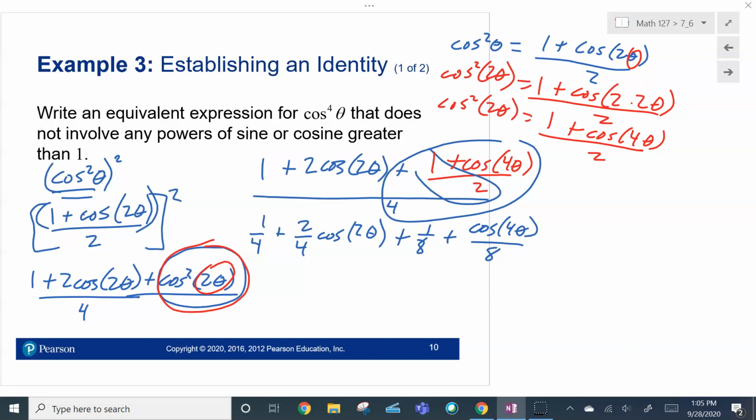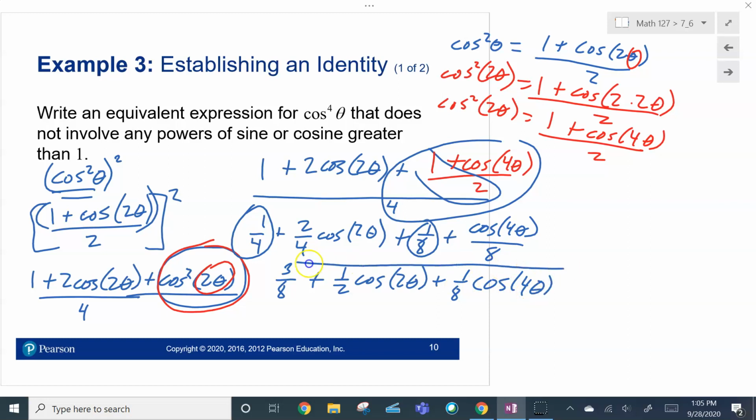So we've got 1/4 plus 1/8, so I got 3/8, I got 1/2 cosine 2 theta, and then I got an 1/8 cosine 4 theta. And notice I went from a fourth power to a degree of 1: cosine 2 theta, cosine 4 theta. So I power reduced that.